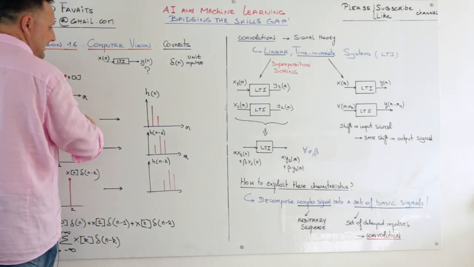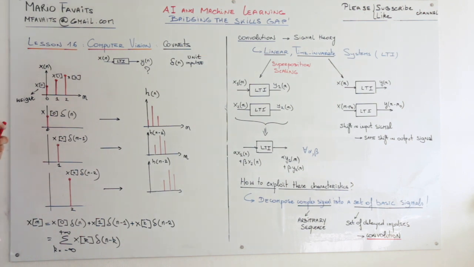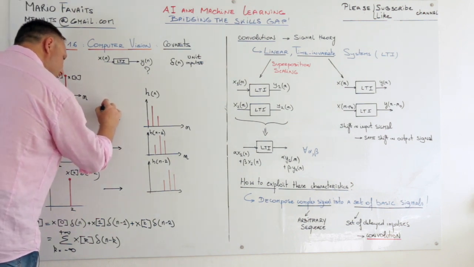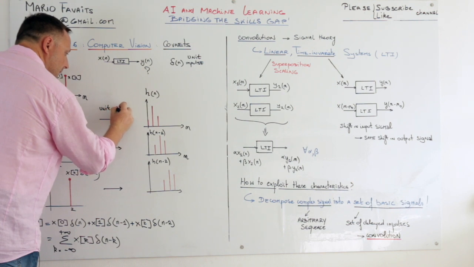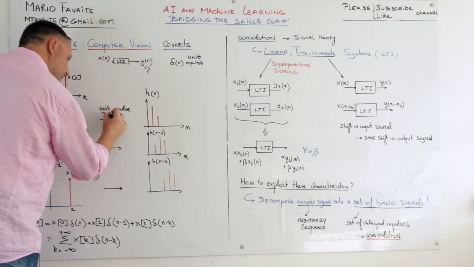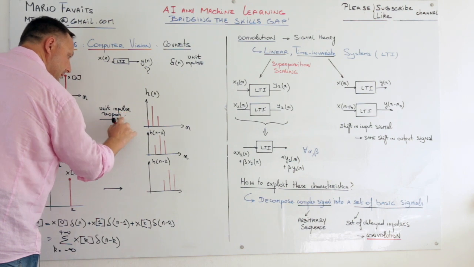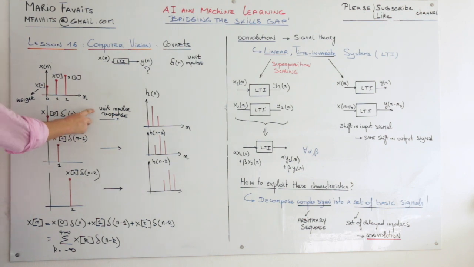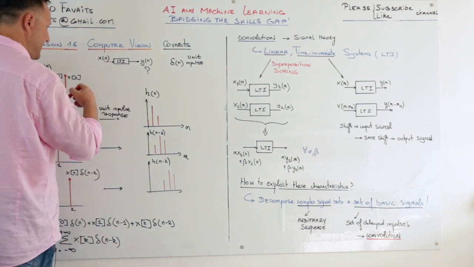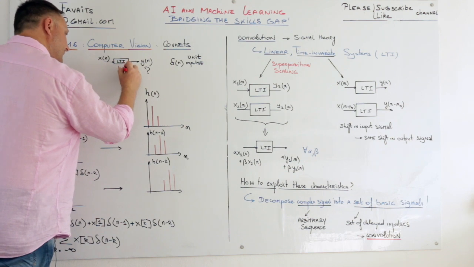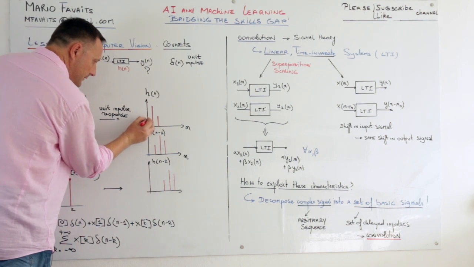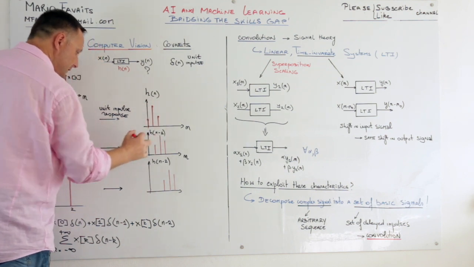What we're now going to do is determine what the impulse response is going to be. So now we're going to look at the unit impulse response. Assume that the impulse response, which we call h of n, is this for this situation.